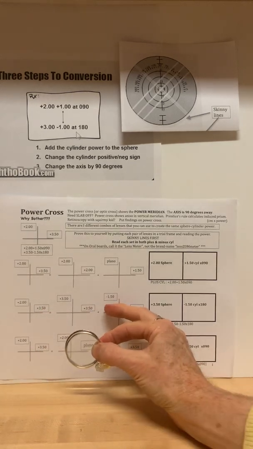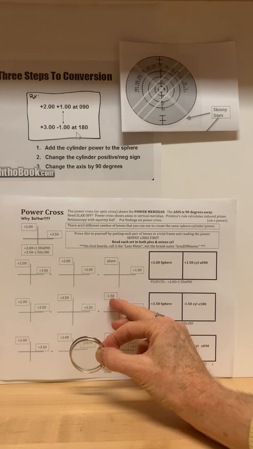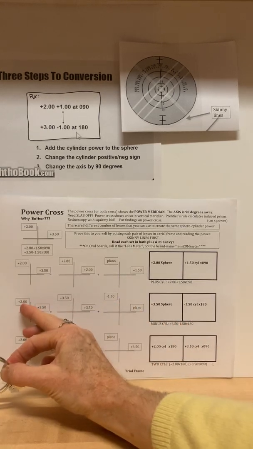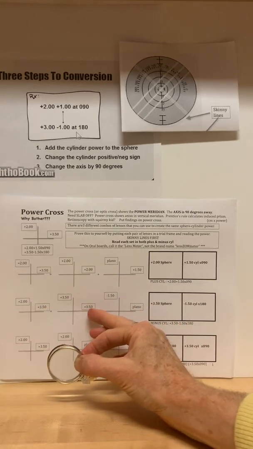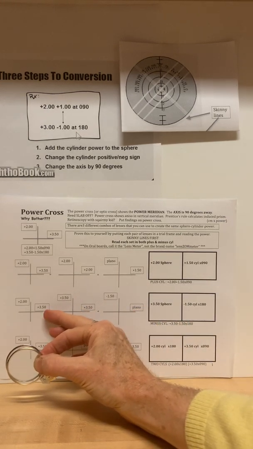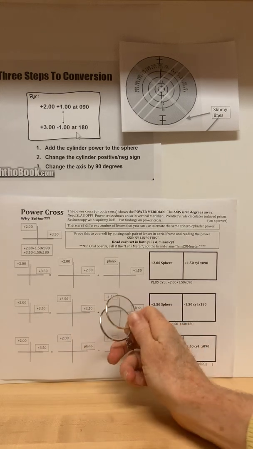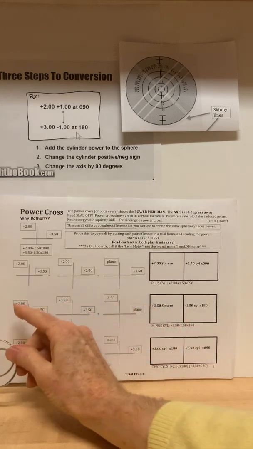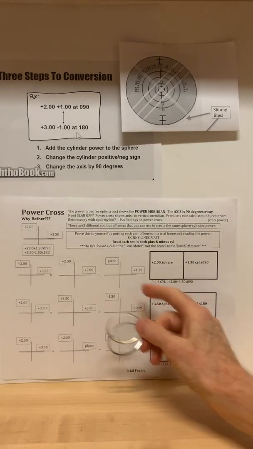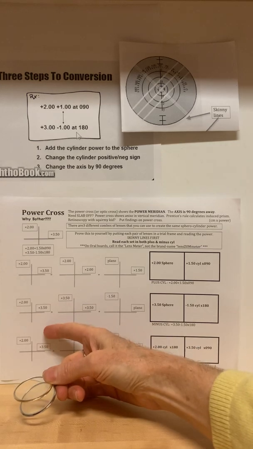Because, of course, math: if you have +3.50 and you add to it -1.50, you end up with a +2. And if you have +3.50 and you add plano, you have the +3.50. So this is another way, two different lenses that you can combine to get this exact same prescription. Both of them are this when you put it on the power cross.